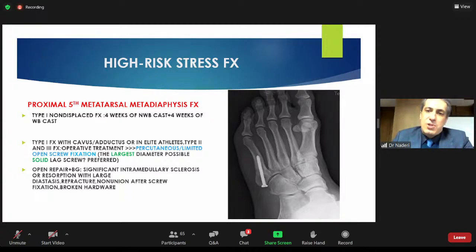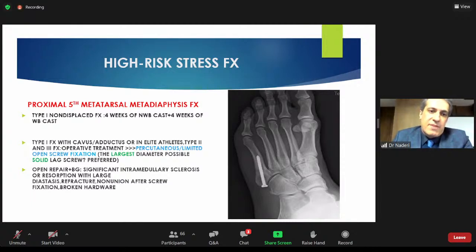The screws that are used are usually the largest diameter possible solid lag screw, but there is some question about the need for solid lag screws because there are studies that recommend cannulated screws, and it has been shown that they work as well.